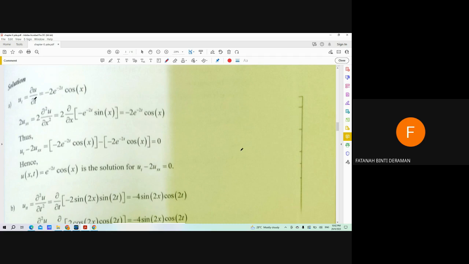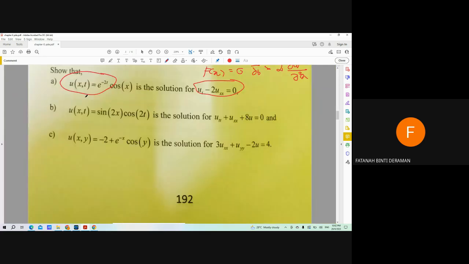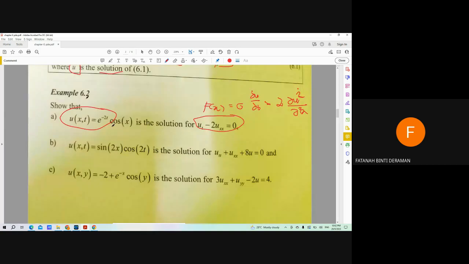Because we have this function, cos x will be a constant. So we just differentiate e to the negative 2t.